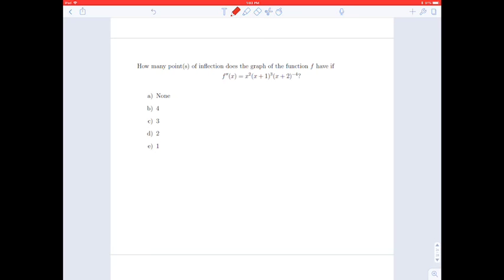So easy: x squared times (x plus 1) cubed times (x plus 2) to the power of negative 4. I can rewrite this as x squared, (x plus 1) cubed, over (x plus 2) to the power of 4, but I don't have to. What we can see, the important numbers, the possible inflection points, are the zeros. That means 0, negative 1, and negative 2.